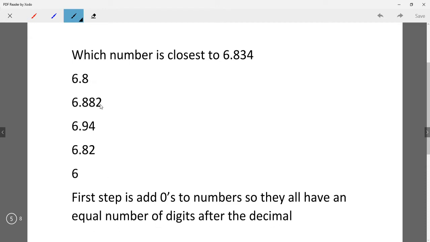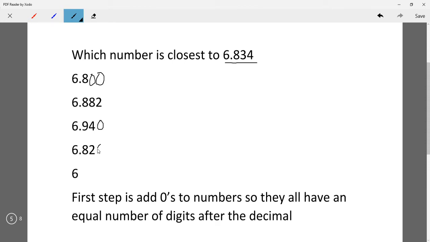So if we look here, this number has 3 digits after the decimal. It goes into the thousandths place. So what we want to do is add zeros until every one of these numbers also goes to the thousandths place. So this one I have to add 2. I don't have to add any to this because it already has 3 digits after the decimal.